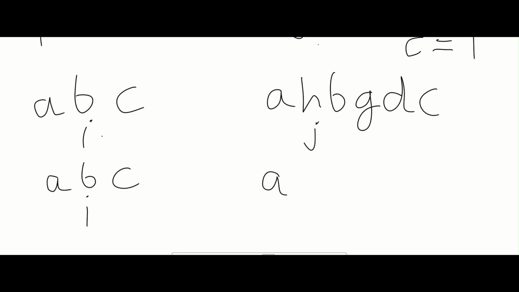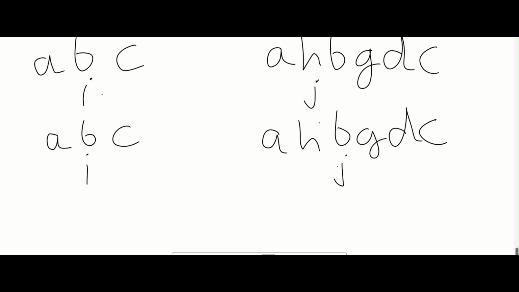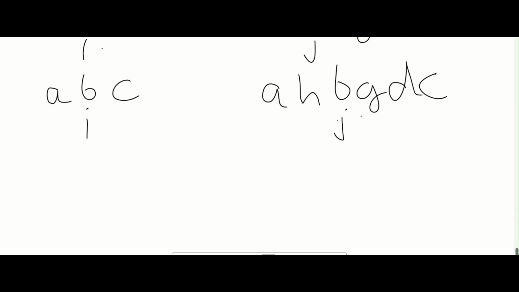And J goes to B. So we got another alphabet B. So the counter could be 2 here.